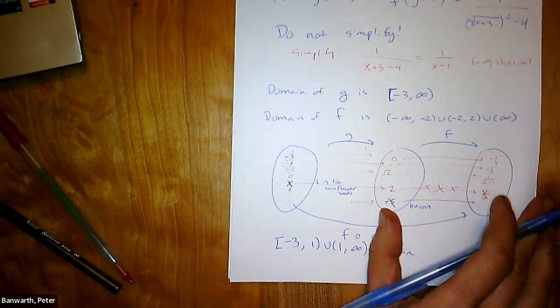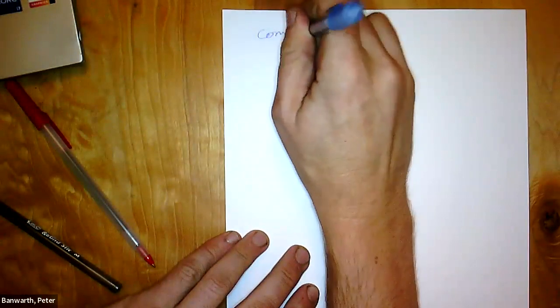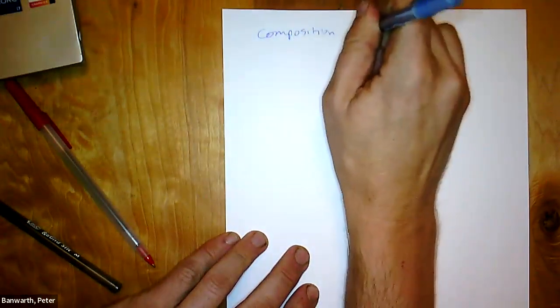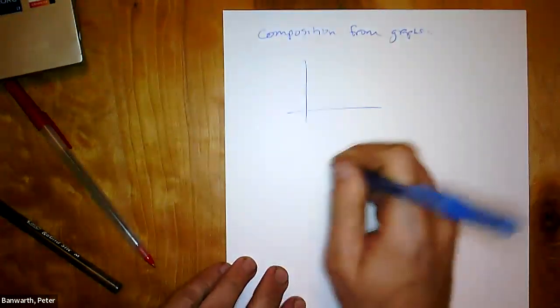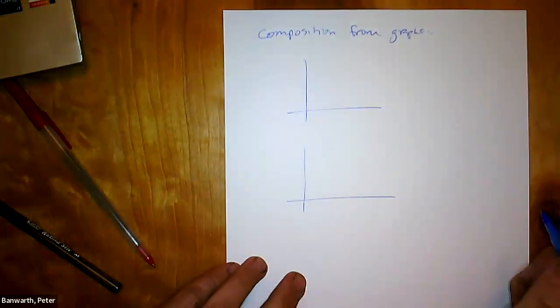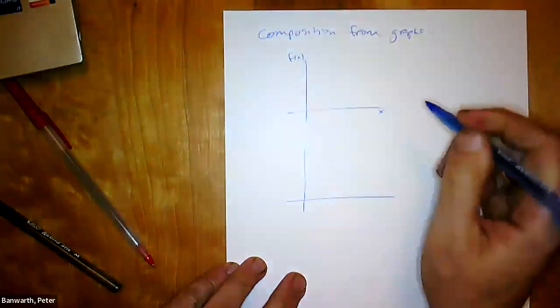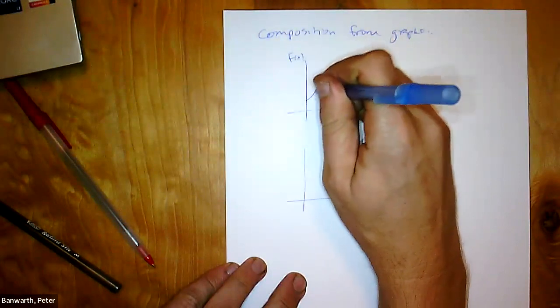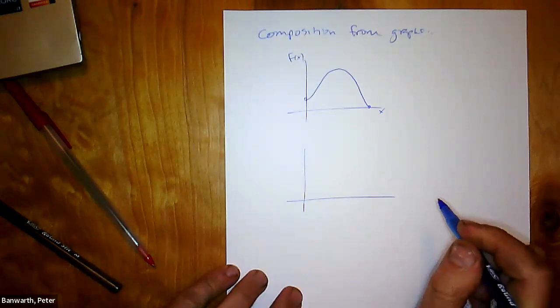All right, last piece. Two more pieces. Okay, composition from graphs. This is really nice. I really like composition from graphs. So if this is x and that's f of x, and let's just have a function that looks like this. Let's say that's my function.